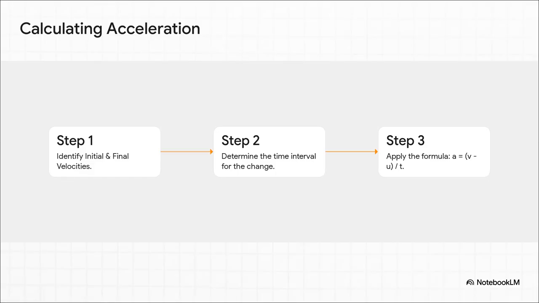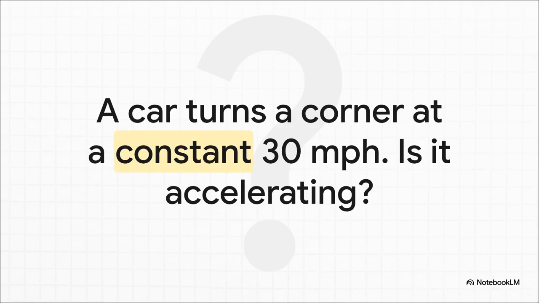Well, it breaks down into a really simple 3-step process. First up, step 1, figure out your starting and ending velocities. Where were you and where did you end up? Then, step 2, you just have to know how long it took to make that change. And finally, step 3, you plug it all into that formula we just saw. Change in velocity divided by time. It's like a recipe.